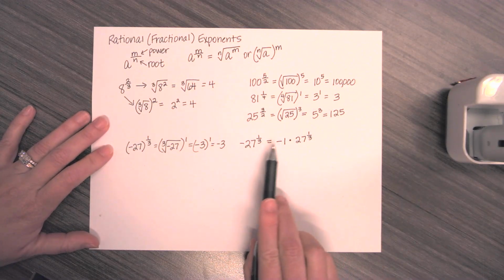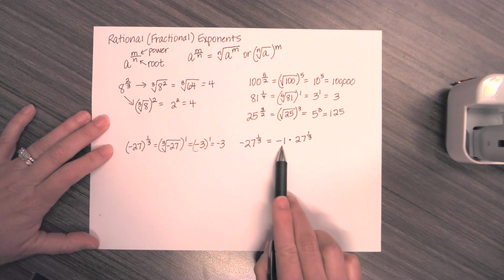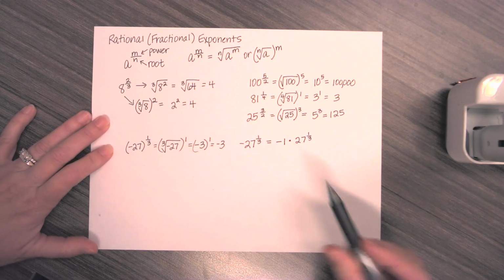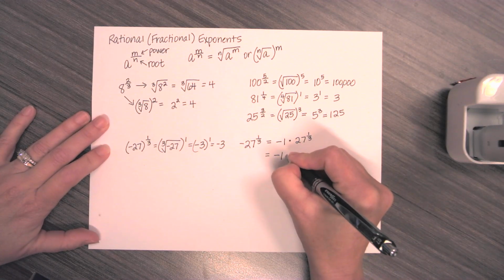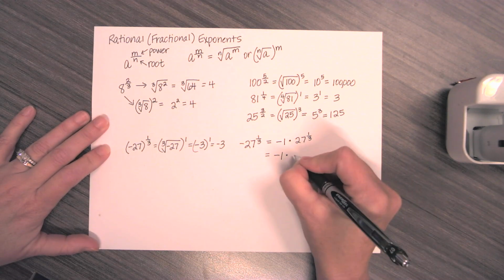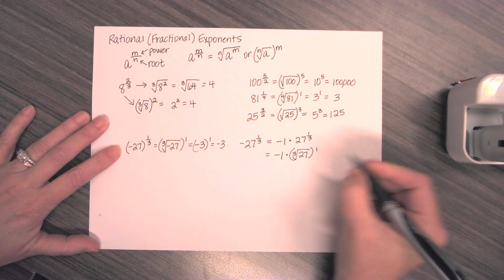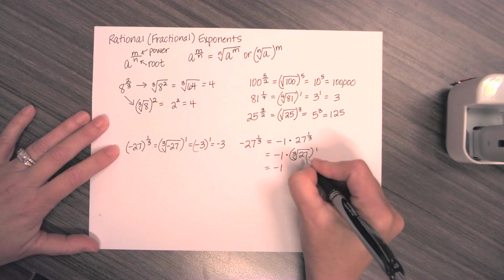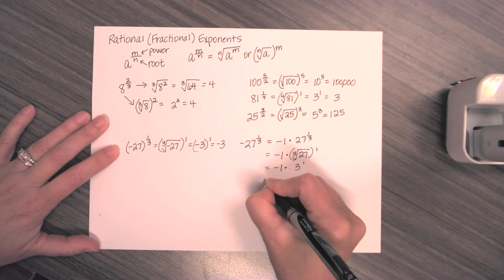So I sometimes just bump that out front and put it like it's a negative 1 out front, and we'll do that last. So negative 1 times 27 to the 1/3 power. That would be the cube root of 27 raised to the first power. The cube root of 27 raised to the first power would be 3 to the first power, which is 3.